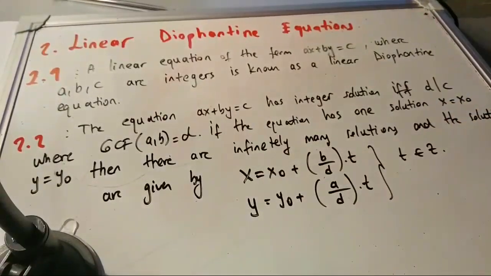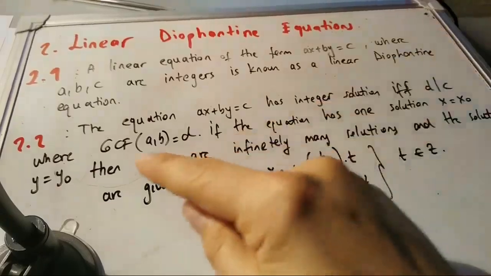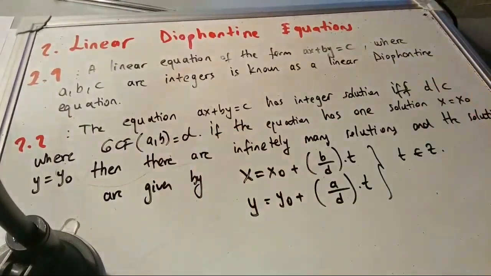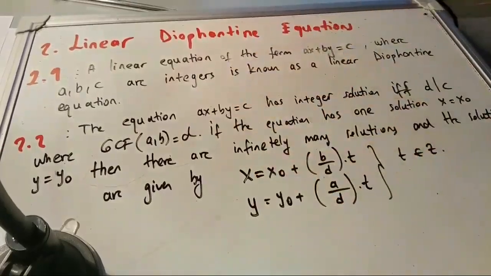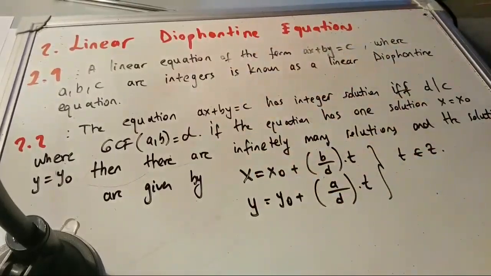First write it, and after that we will solve a few questions to understand better. We have to practice. So we can say for ax plus by is equal to c, if the greatest common factor of a and b is d, and d divides c, automatically we can say that there are infinitely many solutions of the equation ax plus by is equal to c.